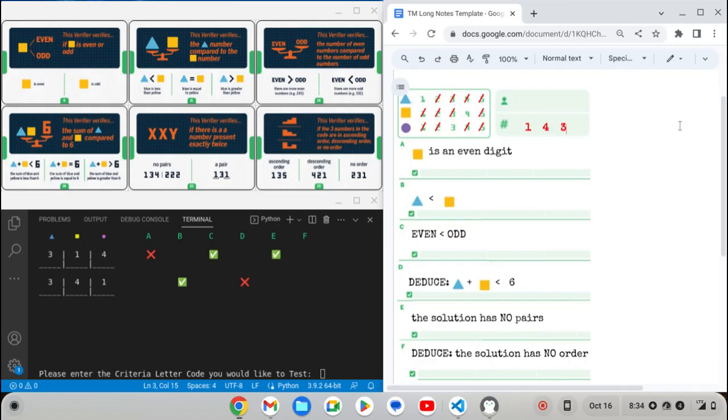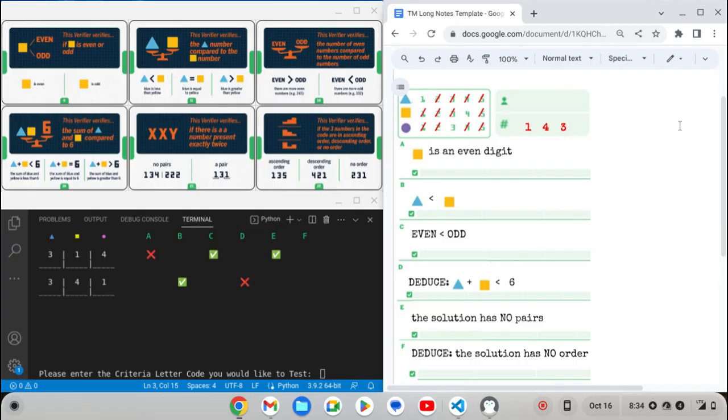Okay, and let's review if everything meets all the criteria. All right, so is that middle digit even? Yes, it's a 4. Is the first digit smaller than the second digit? Yeah, 1 is less than 4. There are more odds, 1 and 3 versus the lone 4.